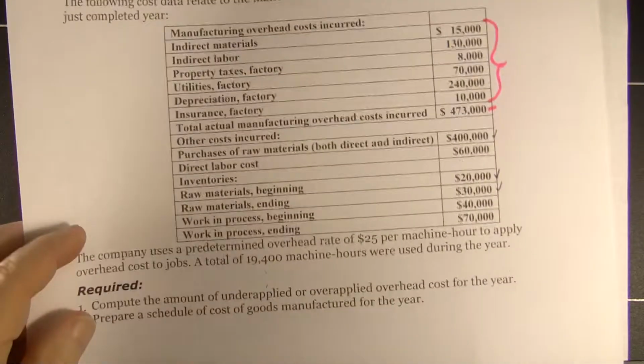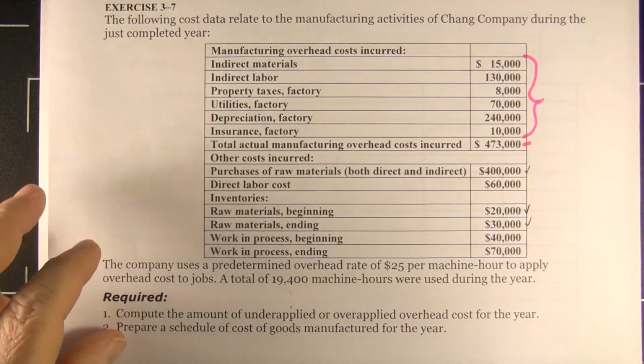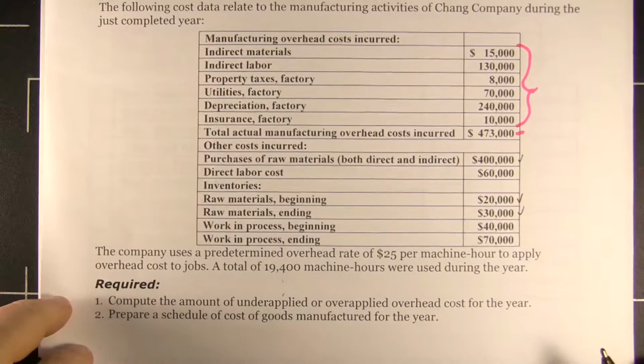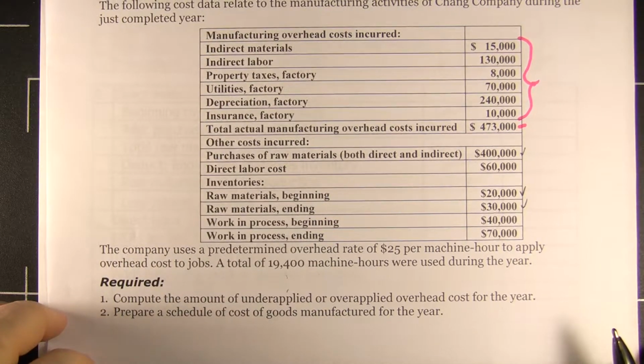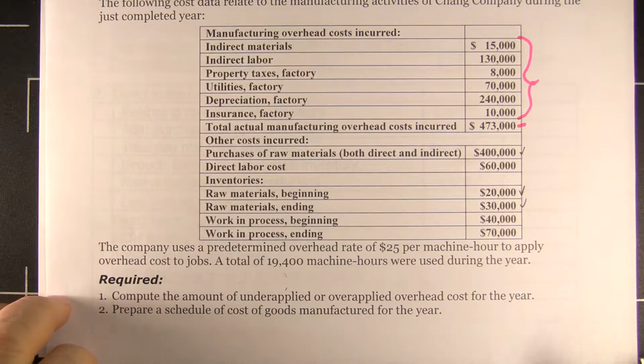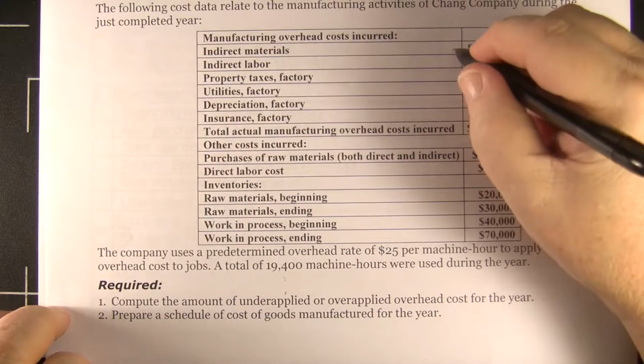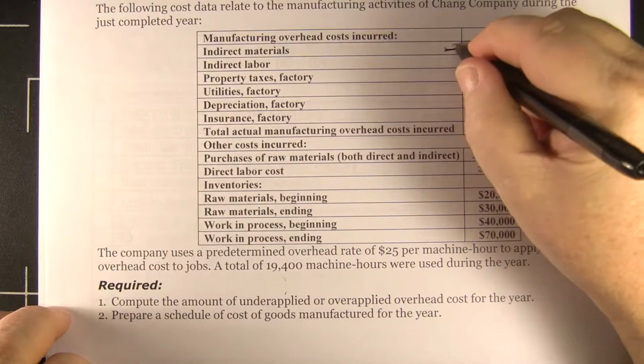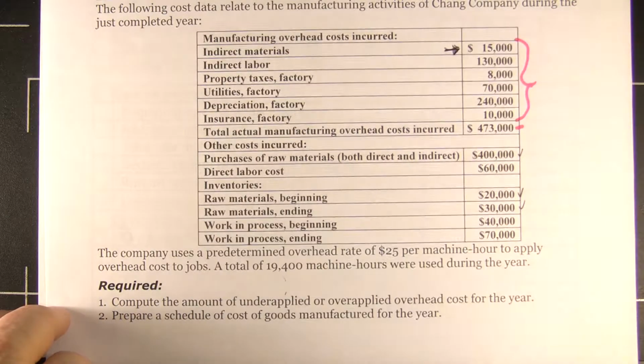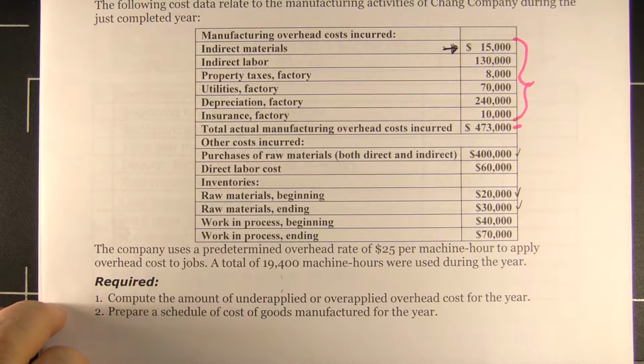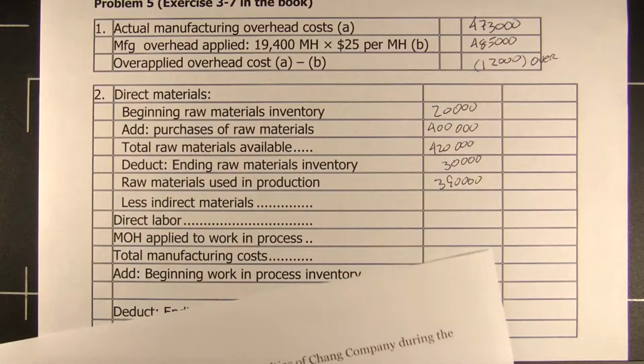So far so good. Now let's take a look. Do they tell us anything about indirect material? Yep. Up here. Of that total 473,000, 15,000 was indirect materials.